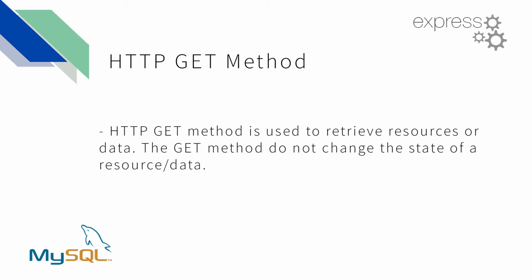So that's the use of the HTTP GET method. As you have seen earlier, we use the get method, app.get, because as I said earlier, by default, requesting a page in your browser, or putting a URL there, is a GET method.